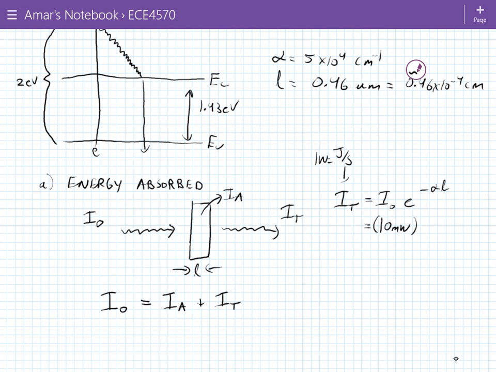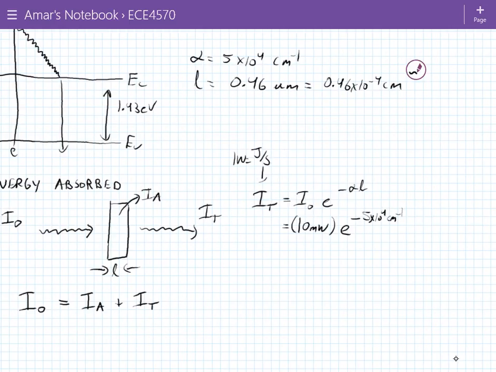Then we have e to the negative alpha, so 5 times 10 to the 4th inverse centimeters, and the length is 0.46 times 10 to the negative 4 centimeters. Now you see how these two centimeters cancel out, so this whole exponential becomes unitless.